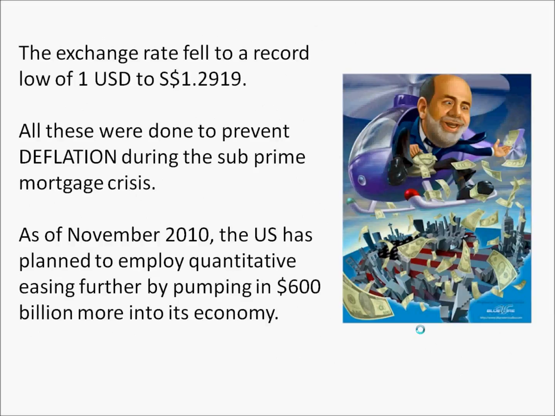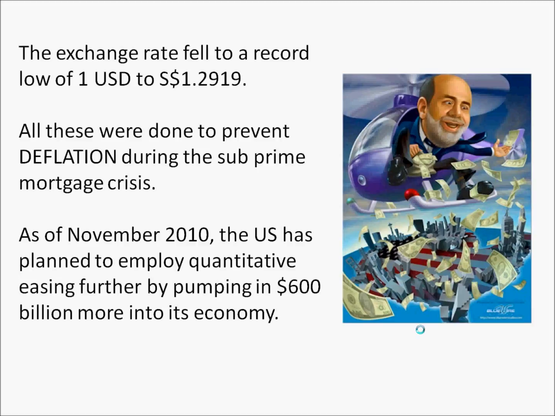So, what actually happened after the US employed quantitative easing? The exchange rate between the US and the Singapore dollar actually fell to a record low of 1 USD to Singapore $1.29 during one of the years.